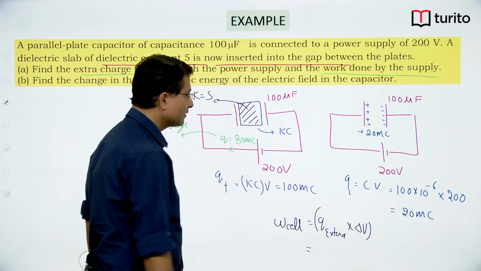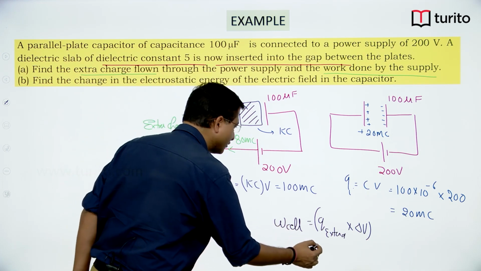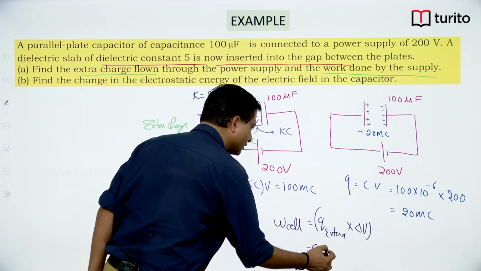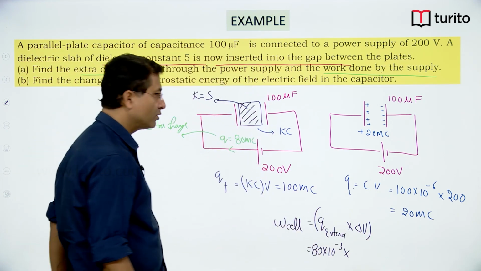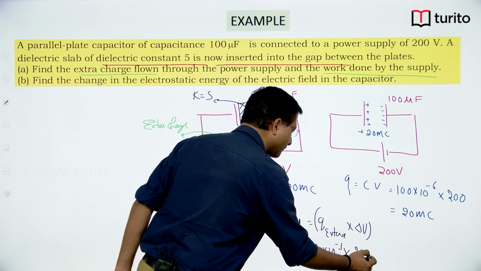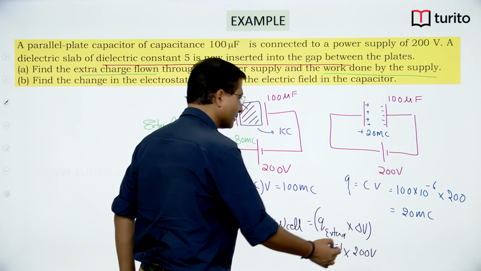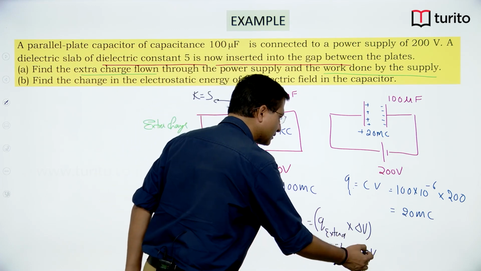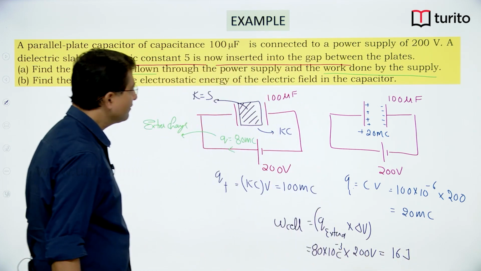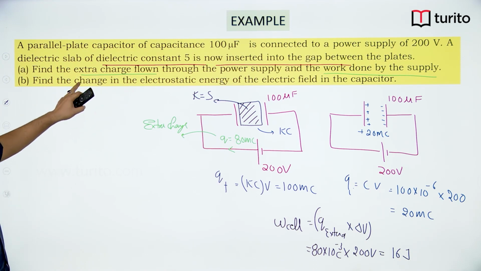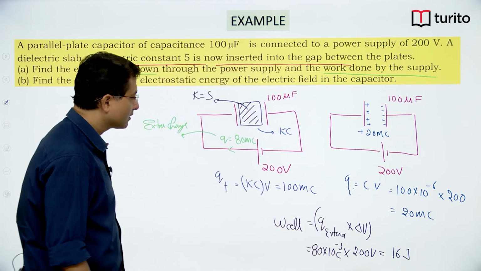Extra charge delivered, how much we are getting is 80 millicoulomb, so 80 into 10 to the power minus 3, into potential difference, which is 200 volt. Coulomb times volt, what we are getting is 16 joule. So the battery will do additional work equal to 16 joule.